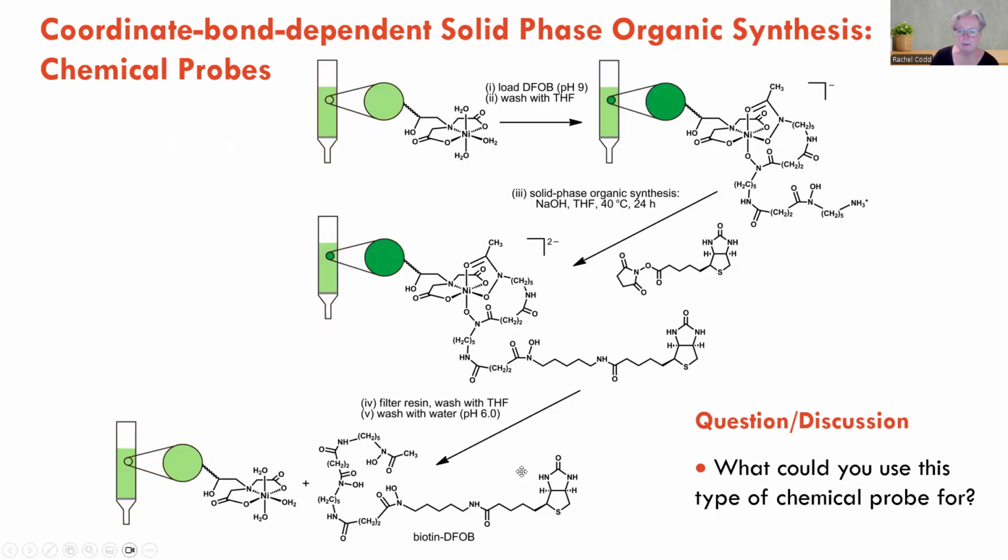If we introduced iron into this biotin DFOB system and took this chemical probe and incubated that with a proteome of Streptomyces pilosus, for example, and then we got a streptavidin immobilized resin.